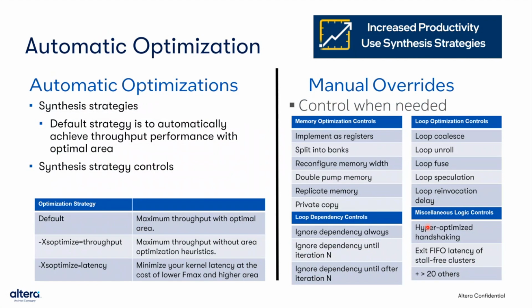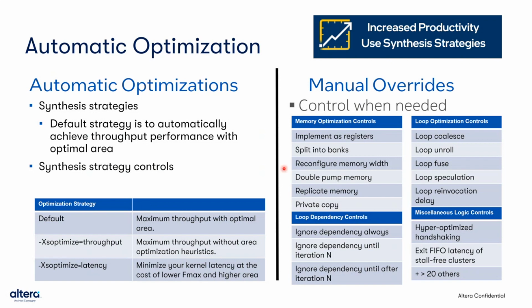Automatic optimization. So automatically the software will optimize for performance, optimize for area, optimize for latency, and those can be done through very easy to use calls when you're generating your code.